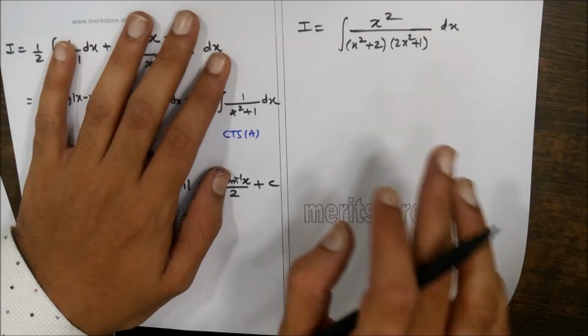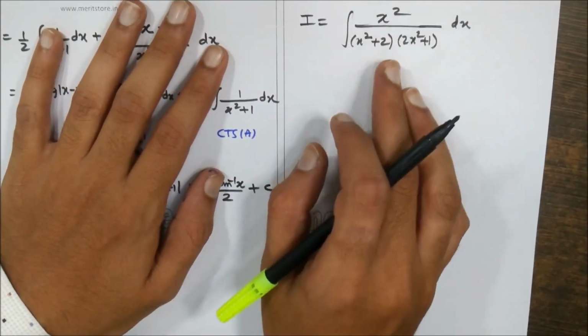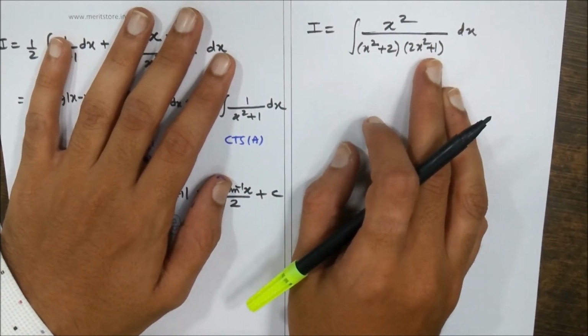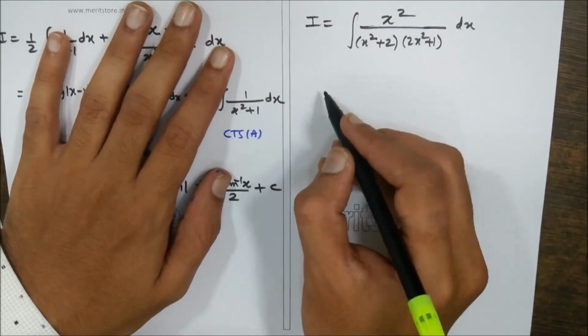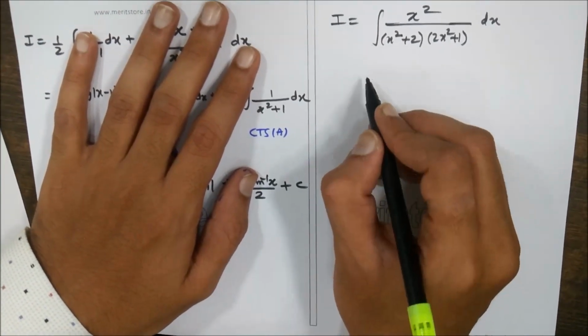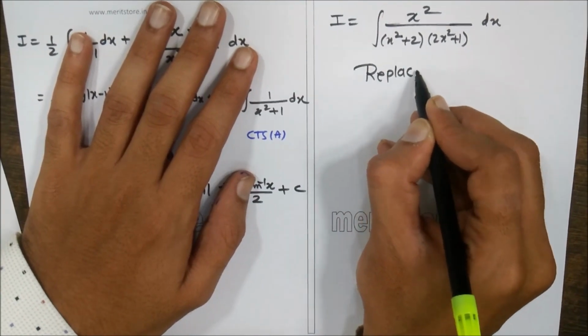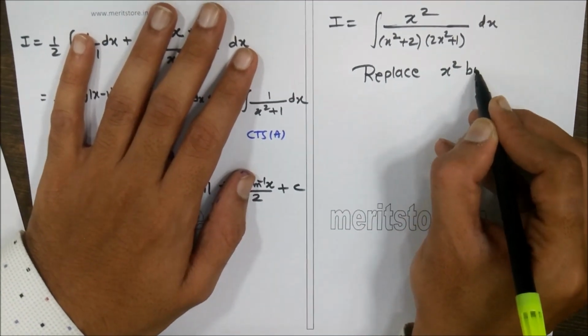Whenever you observe there are x squares and x squares, and there's a plus in between over here, since we cannot factorize this further, for solving the partial fraction, only for that moment, we are going to replace x square by t.